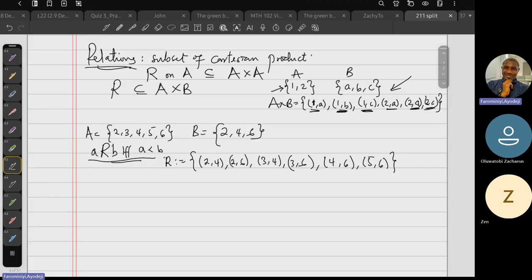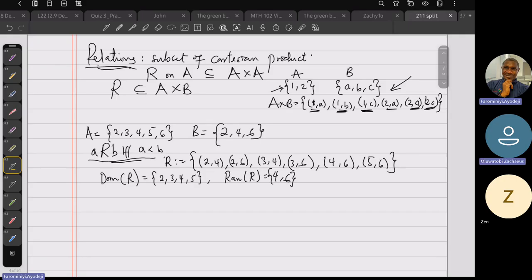Good. So what is the domain of this relation? The set of 2, 3, 4, 5. What about the range? 4, 6.